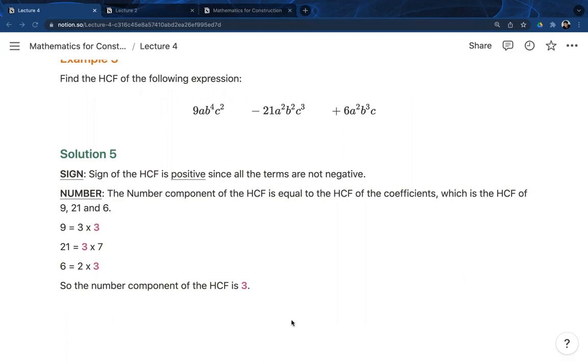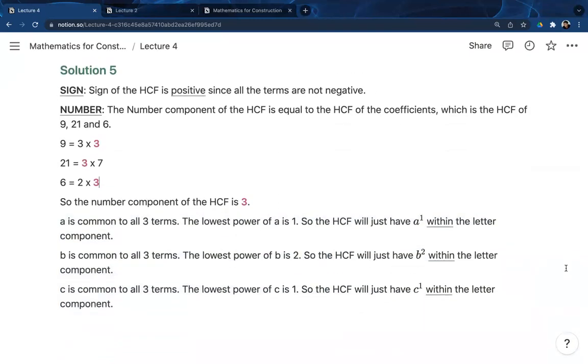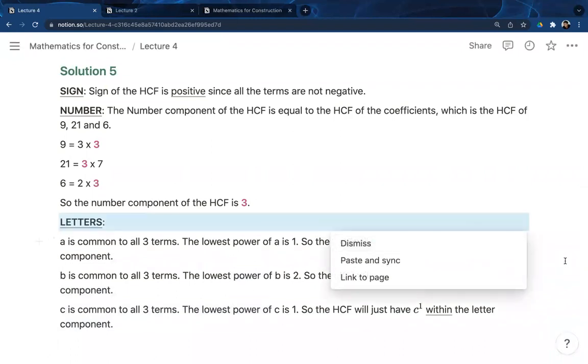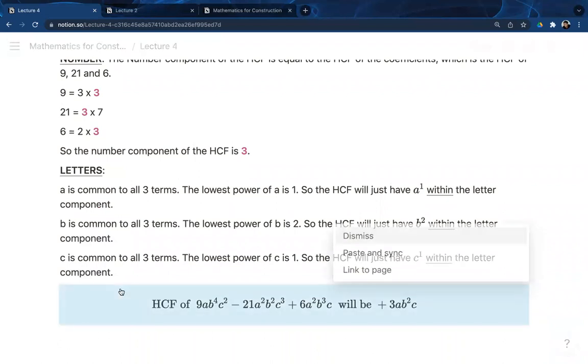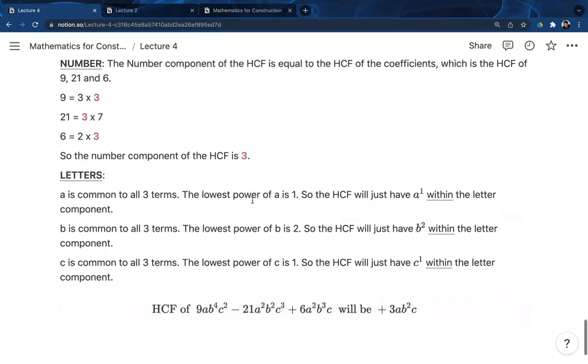There's a discussion you're doing in your head for the letters part, right? And therefore, the HCF of your expression is really what that is here: positive 3 by A by B squared by C.